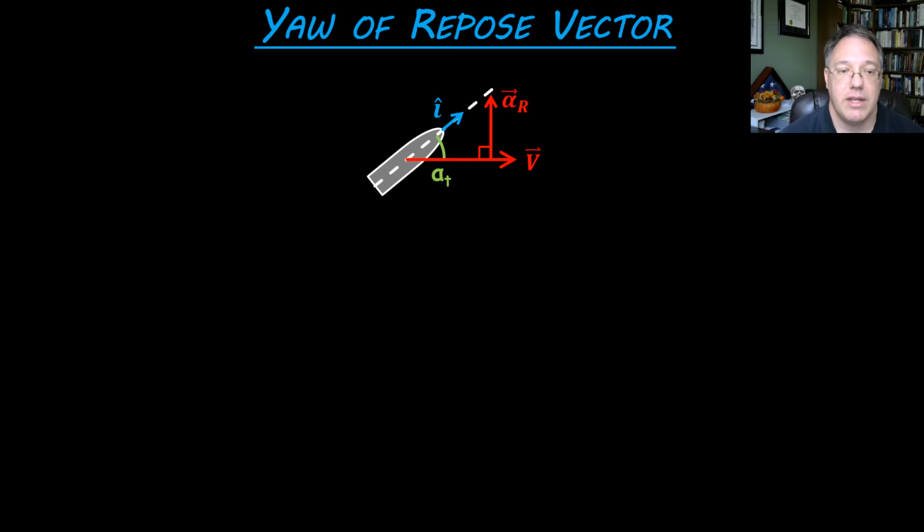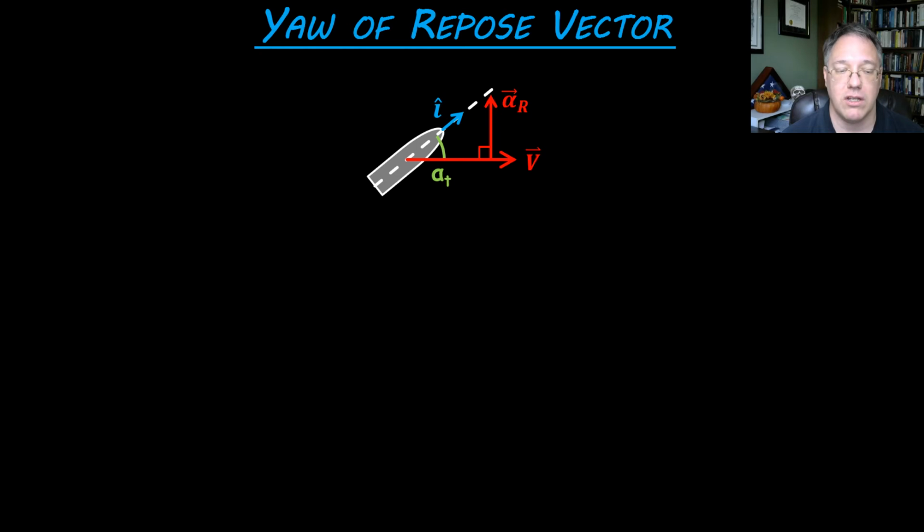Now, if we lay out a vector that is perpendicular to the velocity vector and comes up to intersect the triangle with our I vector, the unit vector that defines our coordinate system, the nose, that is the yaw of repose vector. An important thing you need to understand is that this is not a force vector. There's nothing physically happening in that direction. It's just a vector that defines the quantity of the yaw.